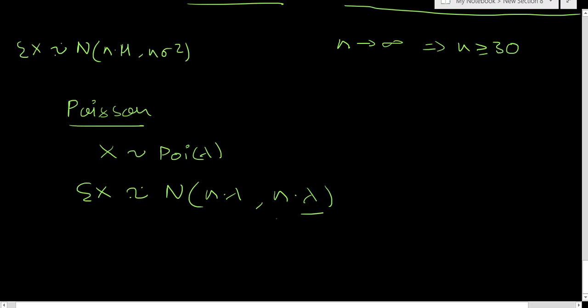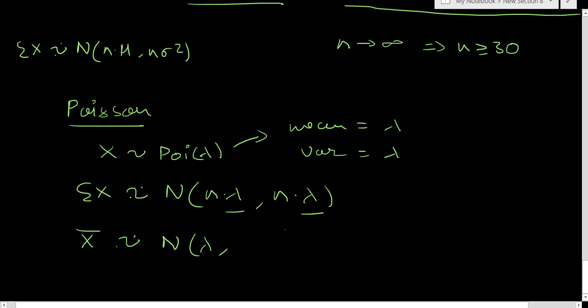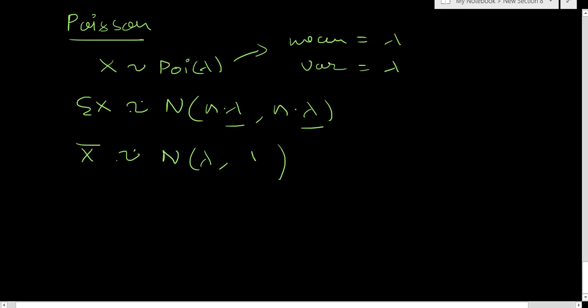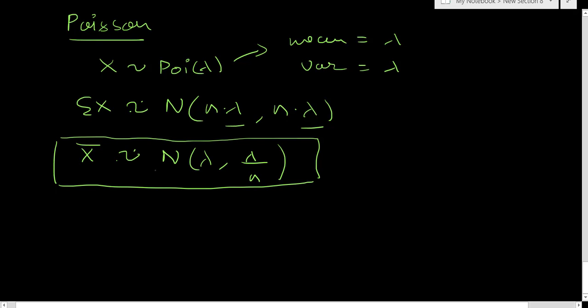You can find these two in the tables. So as the mean is lambda and the variance is also lambda, I can estimate the distribution for this. Similarly, I can have an x bar distribution here. X bar would follow a normal distribution with lambda comma lambda upon n. So that is how I can estimate the mean of a Poisson distribution using an approximate normal distribution.